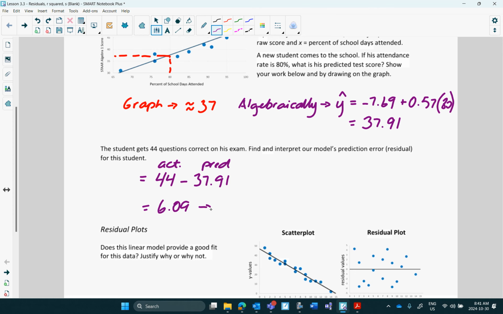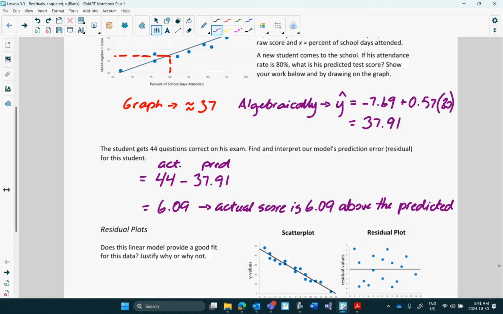Because it's positive, that tells us that the actual score is 6.09 above the predicted. So it's pretty straightforward to calculate a residual. And remember, just like with all the other measures we've been finding, we always want to interpret them, not just find the answer and stop.